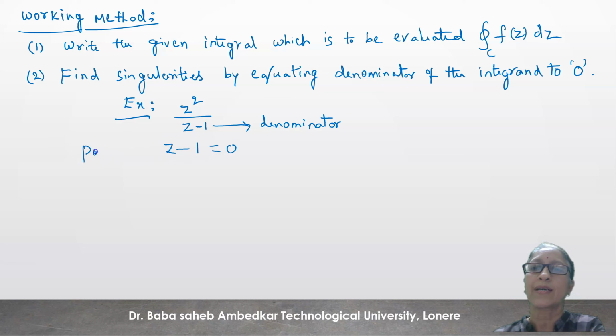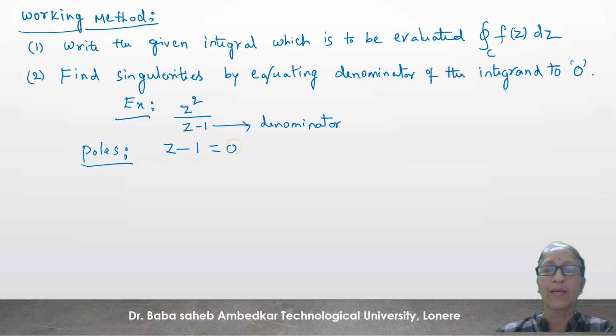Here singularities, or you can say poles, because when z contains negative powers, we get a pole. A pole is also an isolated singularity. So here this implies z equal to 1 is a pole.